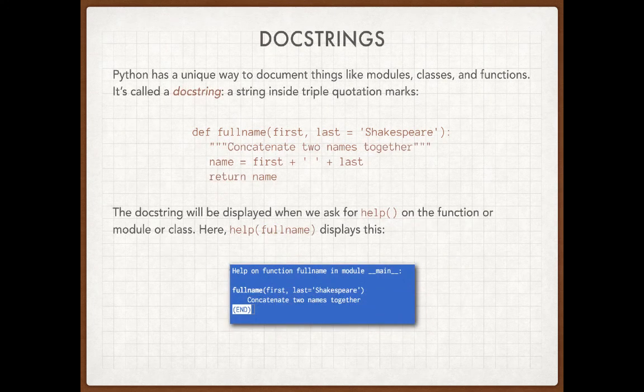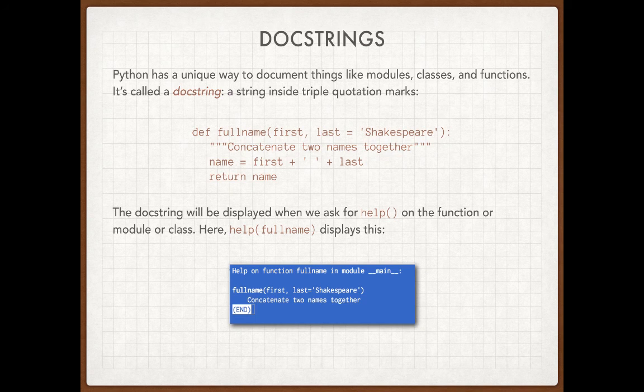Here's another option that I want to take a look at really briefly when we get to the command line again. It is possible for me to document what a function does. And we can do that in Python with a really cool thing called a DocString. A DocString is the second line here in this function.